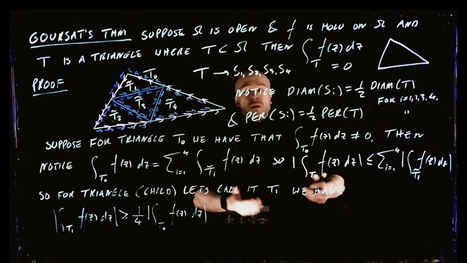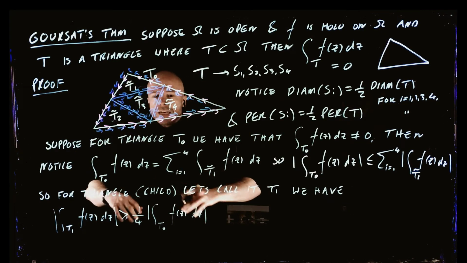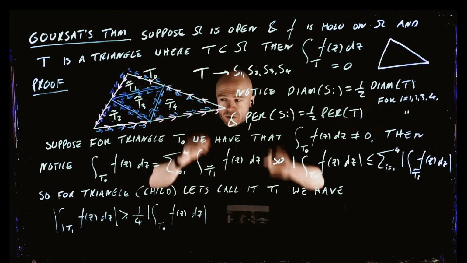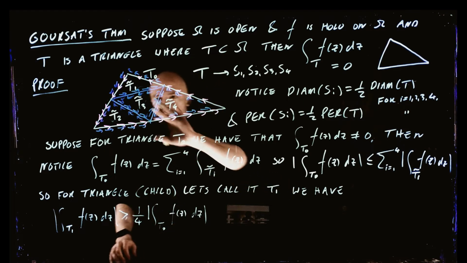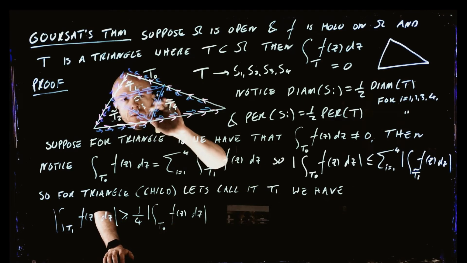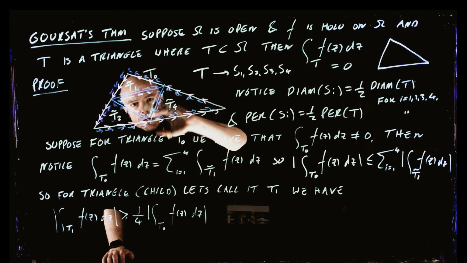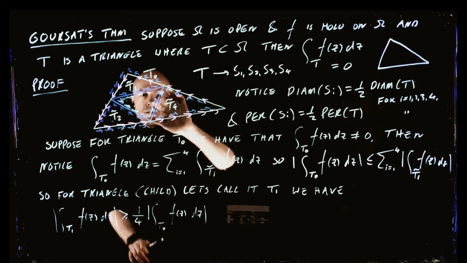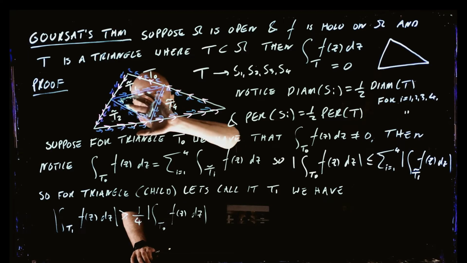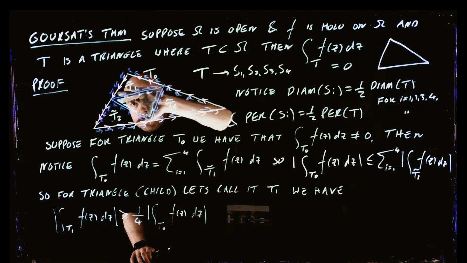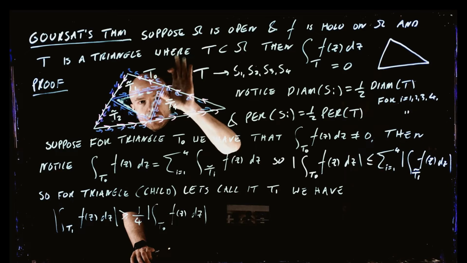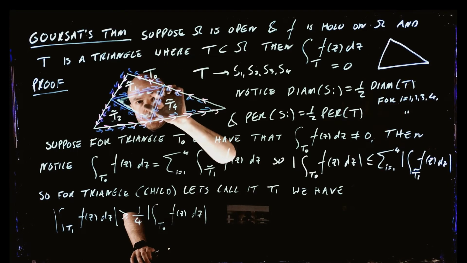So now we are going to do the same game inside our child T1. Let's say this guy here was T1. Too much ink to really erase. Well, okay, it's a bit smudged.